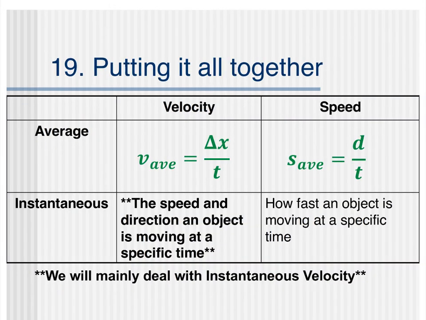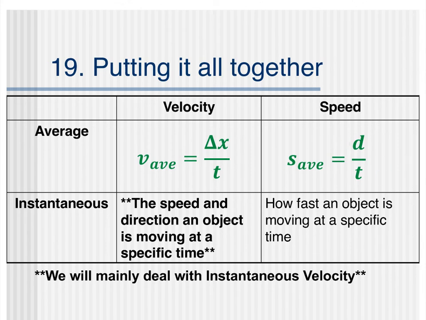So here we have a quick summary of what we were just talking about, looking at the difference between average and instantaneous and velocity and speed. As we said before, the instantaneous velocity is the speed and direction an object is moving at a specific time, whereas the instantaneous speed is simply how fast an object is moving at that given time without the direction. When we're thinking about average velocity and average speed, we have these two very specific formulas that allow us to calculate it.